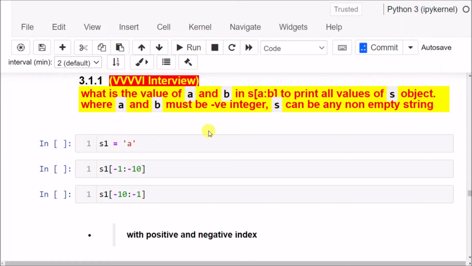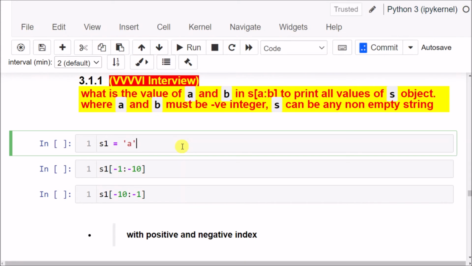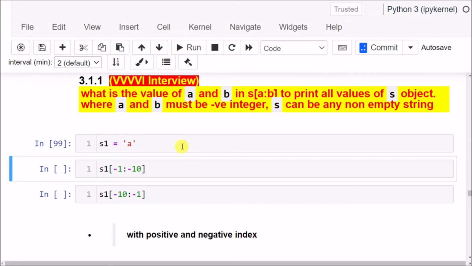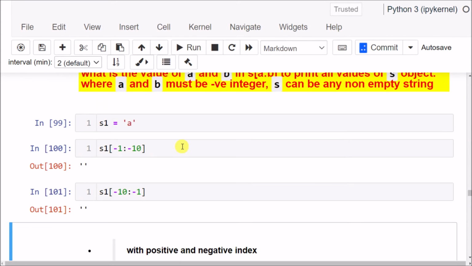Okay, so you have to find a and b values. Okay, so just try to solve this by yourself. Okay, and here is S1, I am just printing the value. Okay, S1 value.